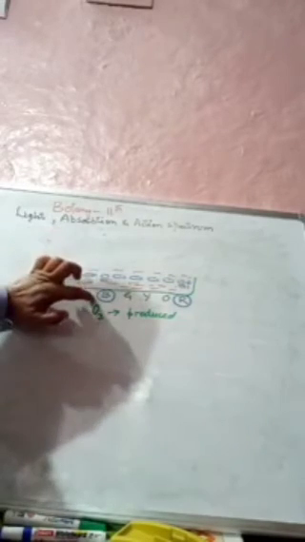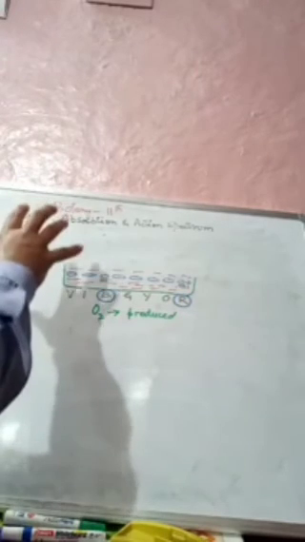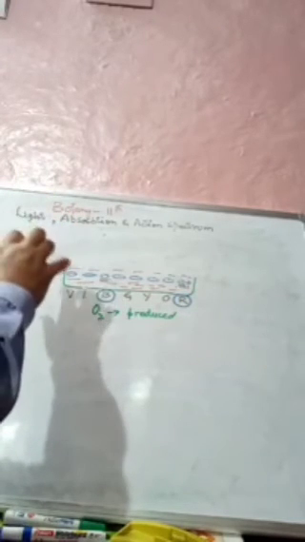So by these experiments, it has been proved that the rate of photosynthesis is enhanced. It increases in the blue light and in the red light. So the action spectrum shows that the maximum photosynthesis takes place in the blue and red region of the spectrum.